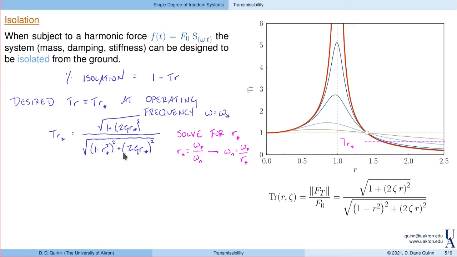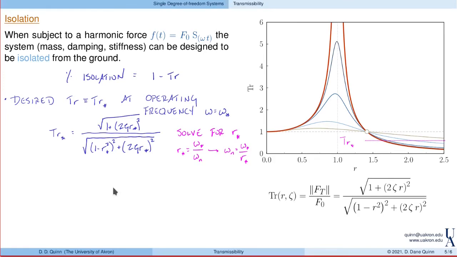Our second design goal is related to the maximum transmissibility as the forcing frequency varies. In this context, remember that r, the frequency ratio, is omega divided by omega n. Again, omega is the operating frequency, and omega n is the square root of k divided by m.